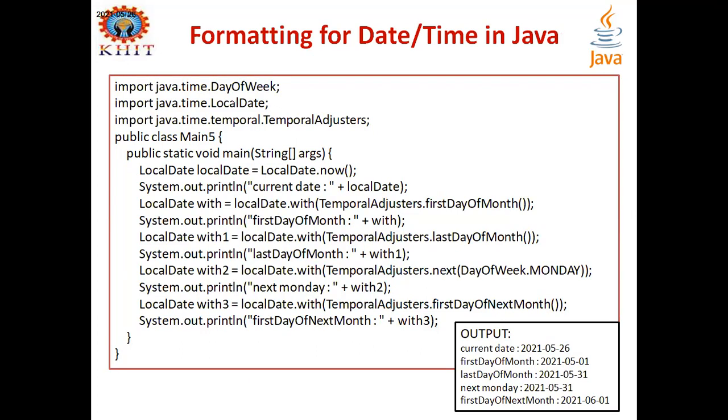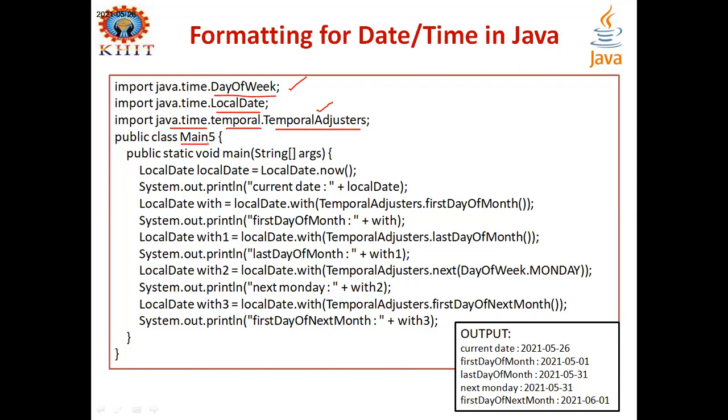To work with days of the week, I need this class from the time package, and I need the current date, so the LocalDate class is required. For the temporal adjustments, I need the TemporalAdjusters class from the temporal package of this time package.